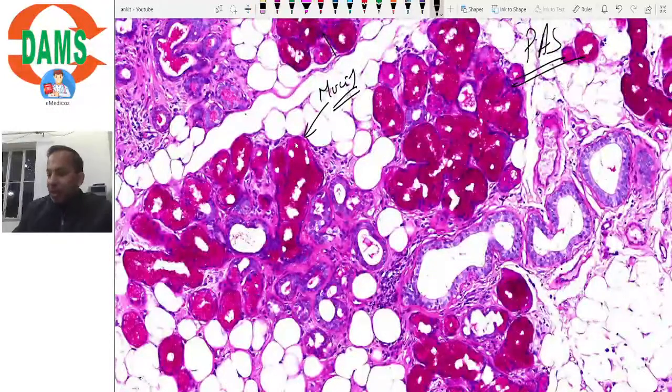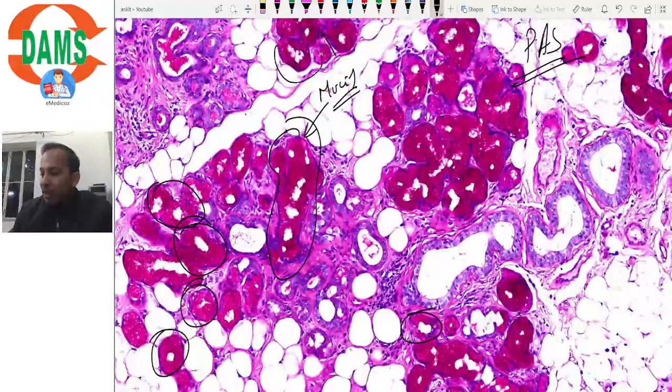So whatever you see here, this bright colored tissue, it is all mucinous or mucus acini. You can see that the nuclei are compressed at the border and there is loss of individual cell. You cannot identify individual cells in this acini, isn't it?